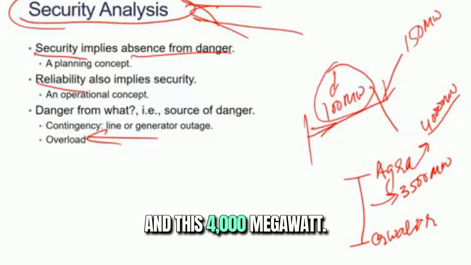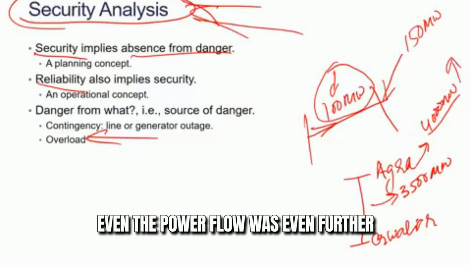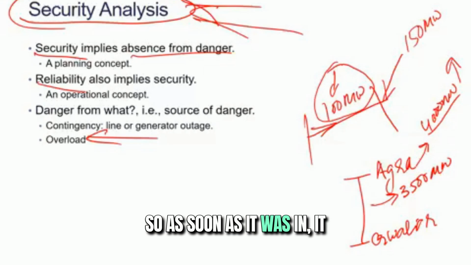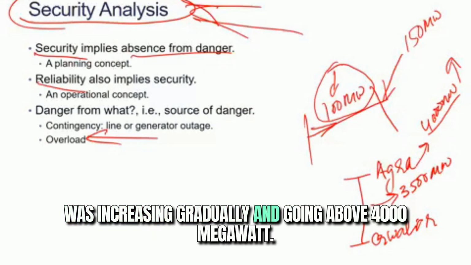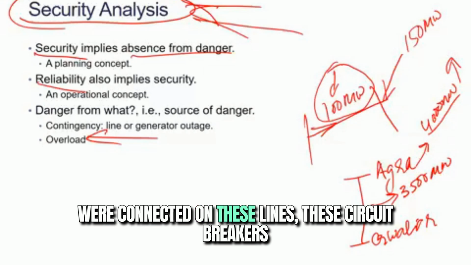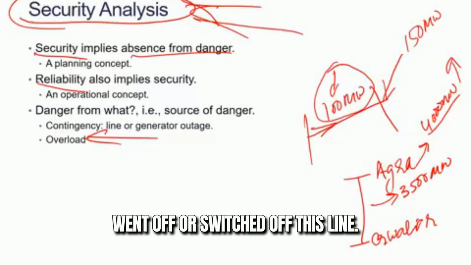The power flow was even further increasing beyond 4,000 megawatt. As soon as it went above 4,000 megawatt, immediately the protection, the circuit breakers connected on these lines, switched off this line.